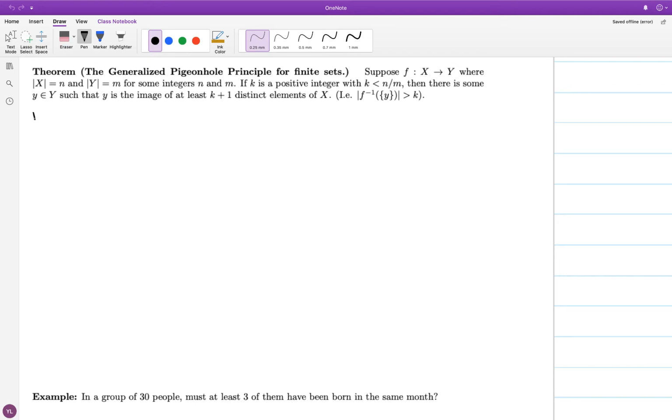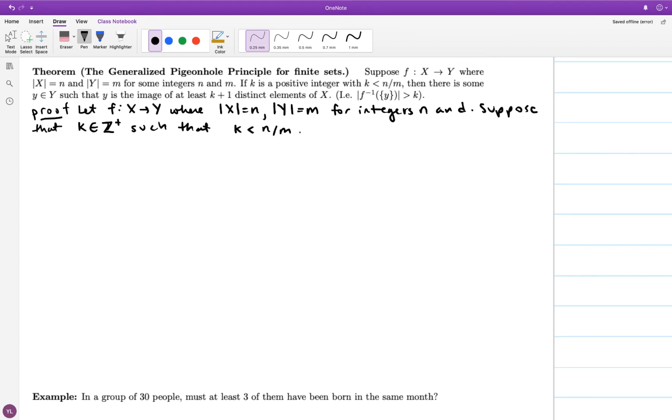So let's prove this and then see how the regular pigeonhole principle follows from it. So let me suppose that I have this entire setup, and I'm going to make an observation and then do a proof by contradiction. Okay, so let me make an observation about the inverse images of individual elements of the codomain.